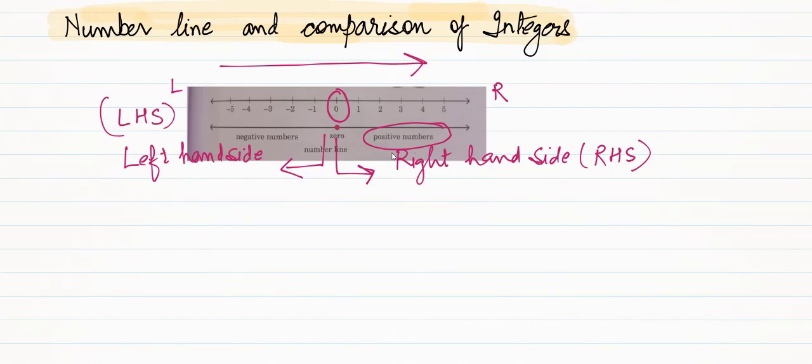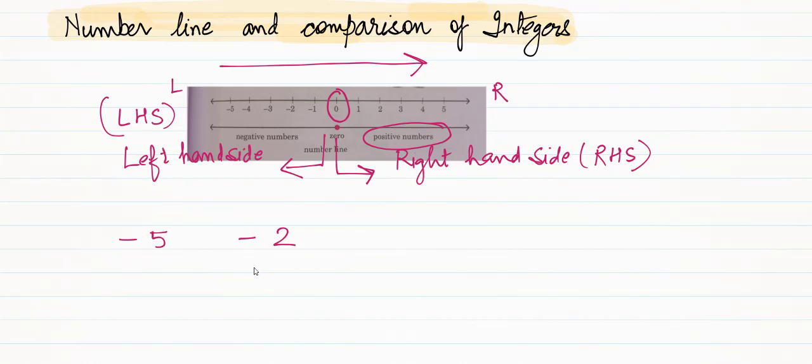If you compare 1 and 2, definitely 2 is bigger and 1 is smaller. Similarly, if you take minus 4 and minus 3, then minus 3 is bigger and minus 4 is smaller as compared to minus 3, and so on. So we can use the greater than sign and less than sign depending upon the conclusion. What if I have to compare between minus 5 and minus 2?